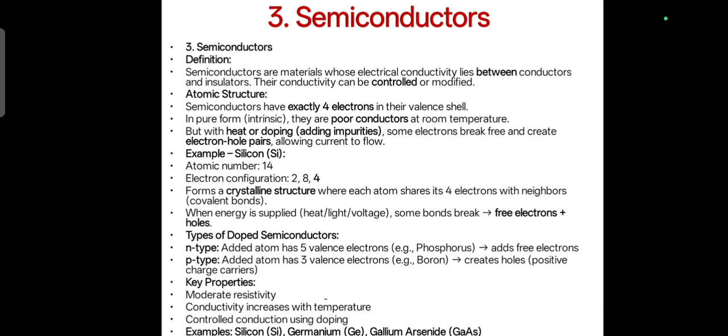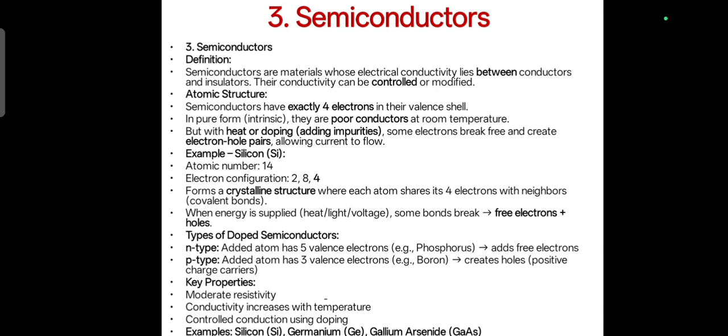So what about the atomic structure? Semiconductors have exactly 4 electrons in their valence shell. In the pure form, that is intrinsic, they are poor conductors at room temperature, but with heat or doping, adding impurities, some electrons break free and create electron hole pairs, allowing current to flow.